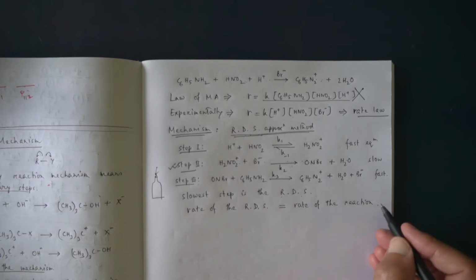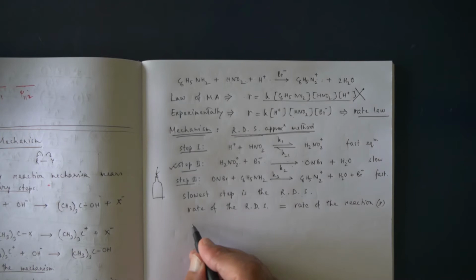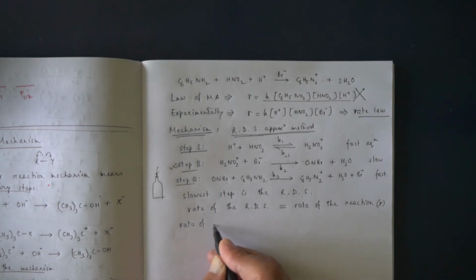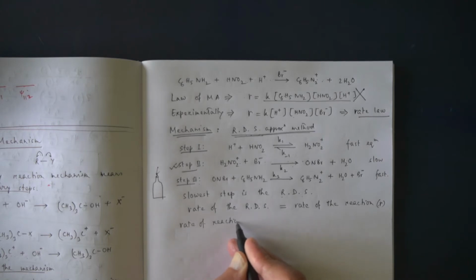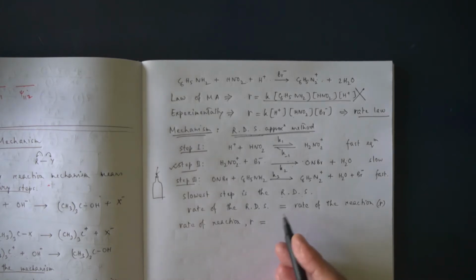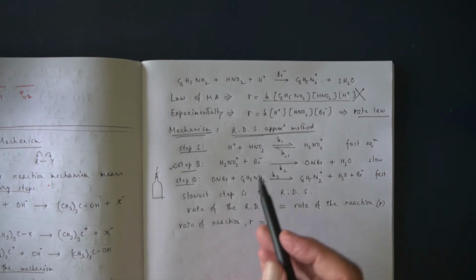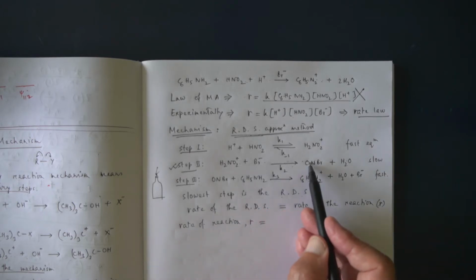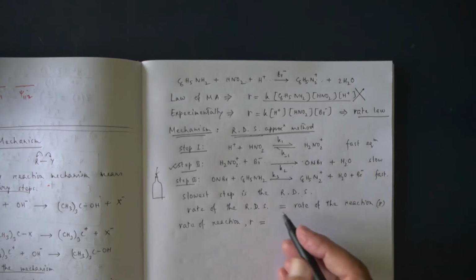So what is the rate of the reaction? Let me write it as R. The rate of reaction R is equal to the rate of the rate determining step. What is the rate of the rate determining step?